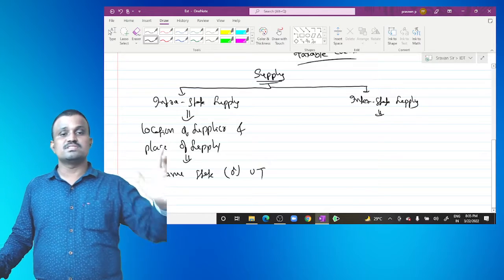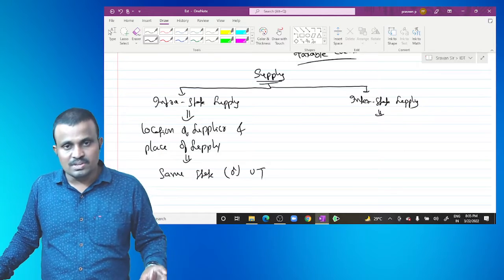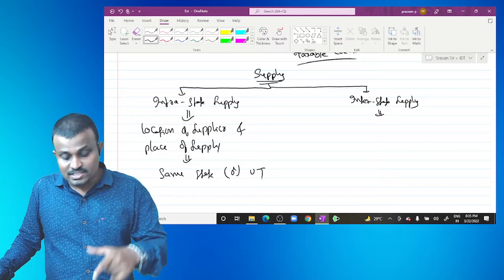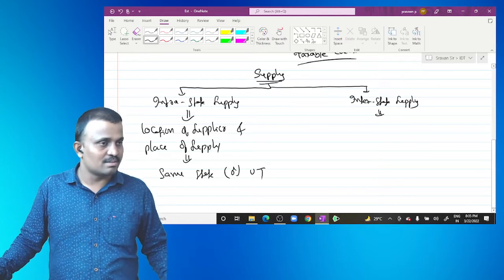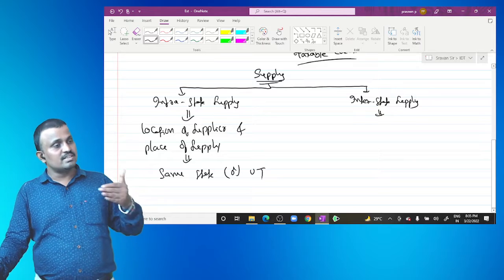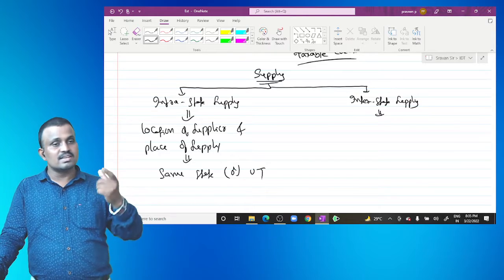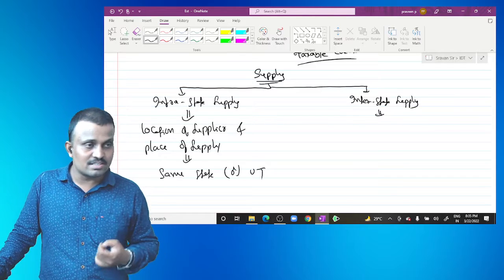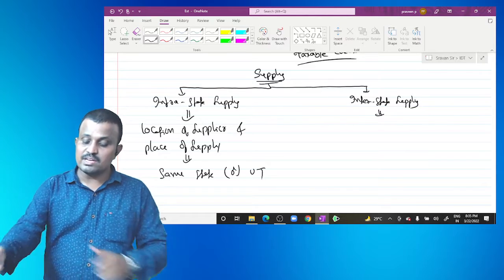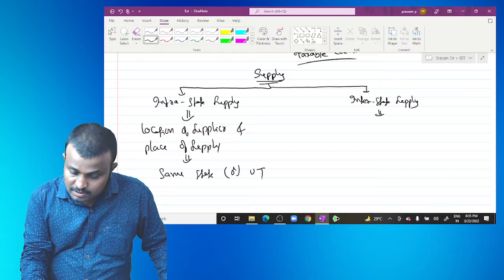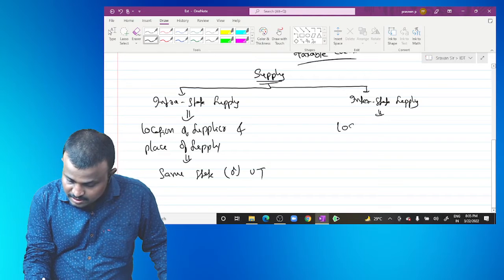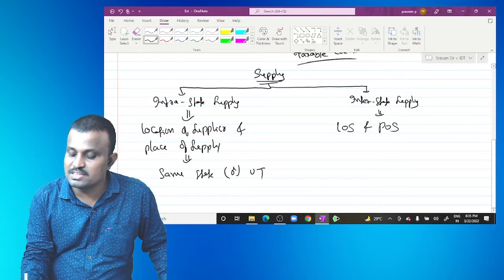He provides services to Mr. B located in Vizag. Here both are located in the same state. That is covered under intrastate supply. If Mr. A located in Delhi provides service to another party located in Delhi, then that is also intrastate supply.